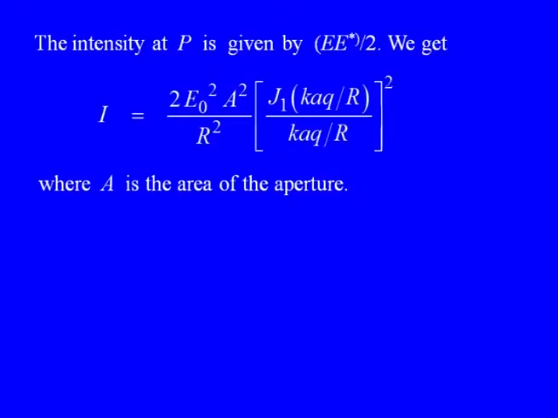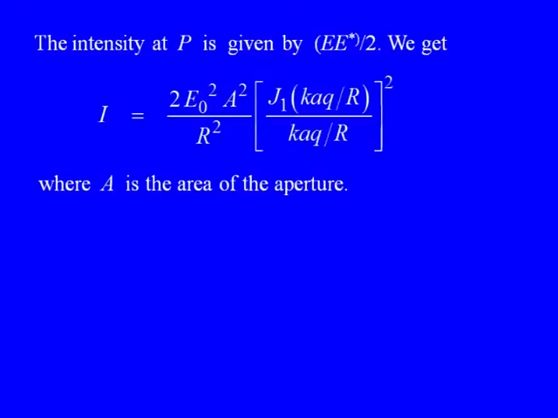One thing you should note here, this has cylindrical symmetry. So the position of the point P on the screen is really defined by Q. Q is a radial distance on the screen.